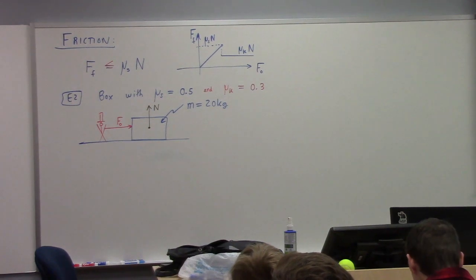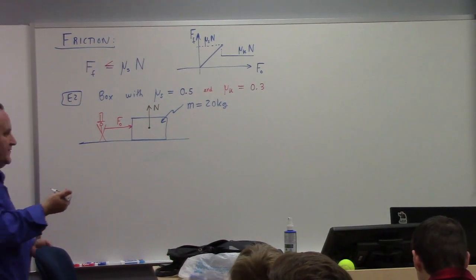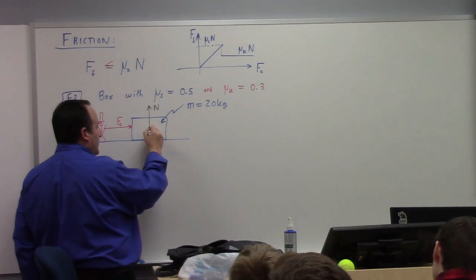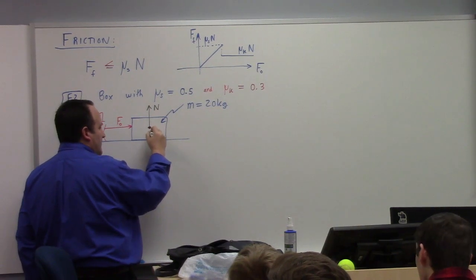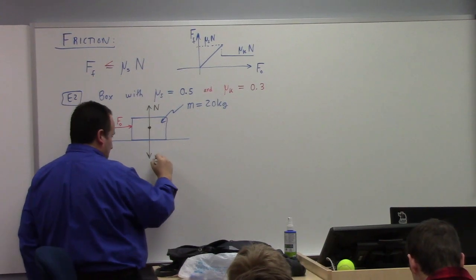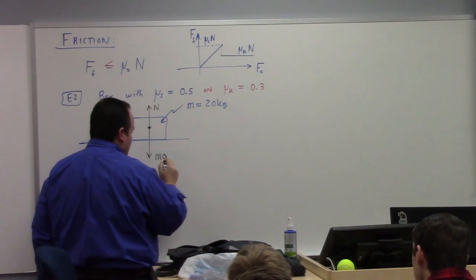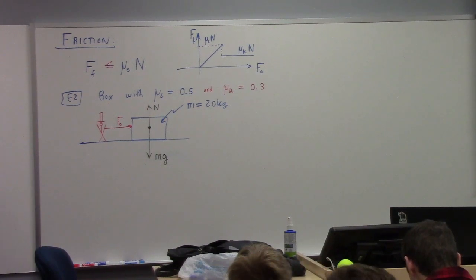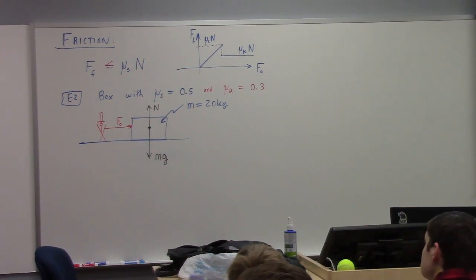Why is the surface pushing up? By default these problems are on Earth, close to the surface, so downward you've got mg, the force of gravity. F equals mg, like I mentioned last time. Those are the vertical forces at play.